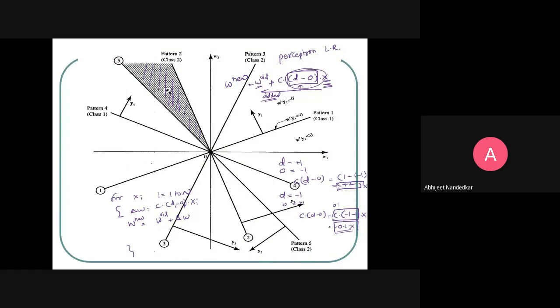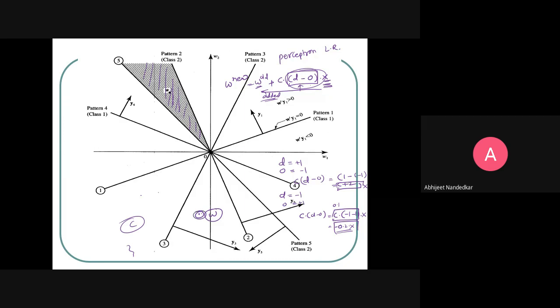So what it means is, suppose I start with this weight, I randomly assume some weight initially, and then I start presenting the patterns one by one with some value of c.